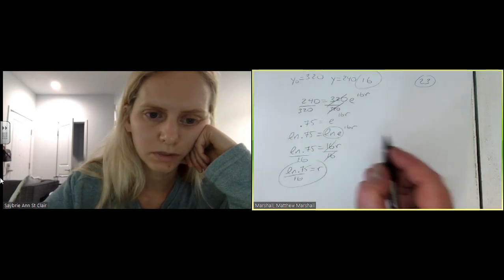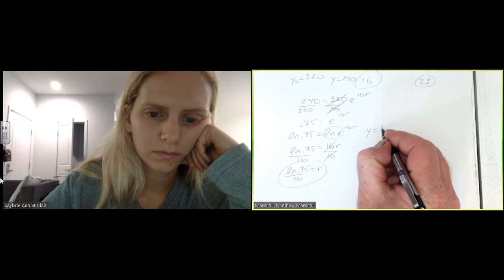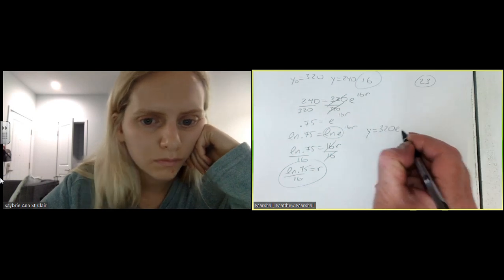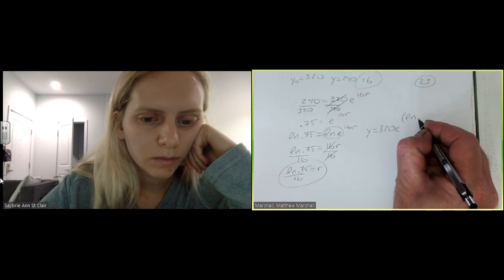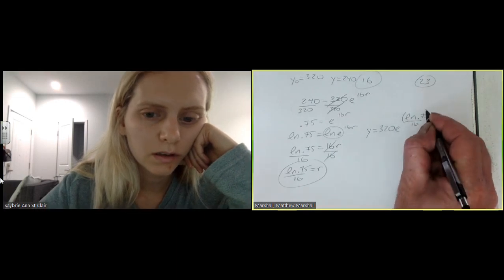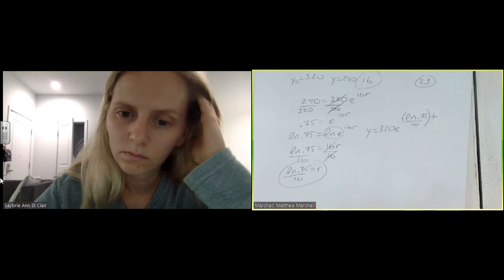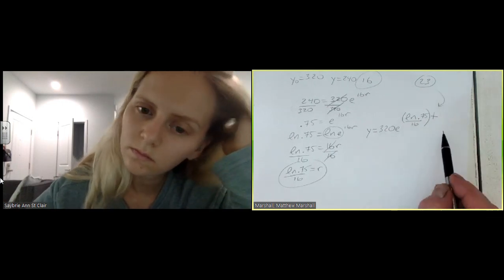And then again, back to you, it's y equals the initial 320, E, and then that weird ln 0.75 divided by 16 t, and then that one with the 23 plugged in there for the last one.